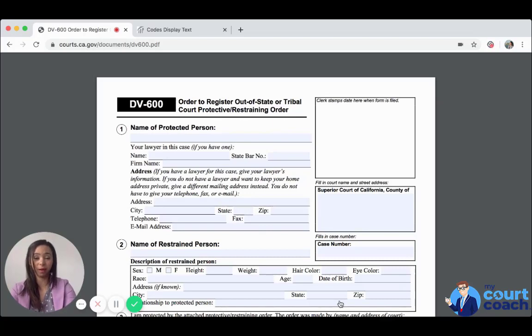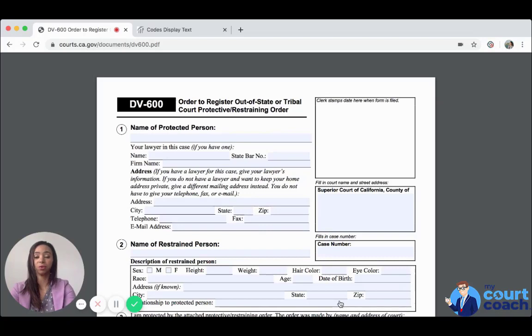The reason is that all states do require a manner or procedure that allows people to register their out-of-state orders. So all the states in the United States require it, and so California needs to fall in line with that.